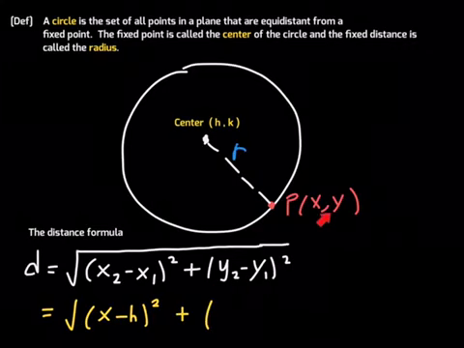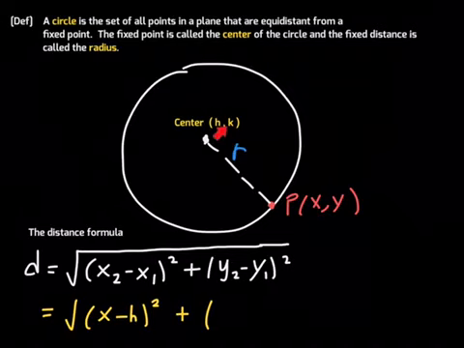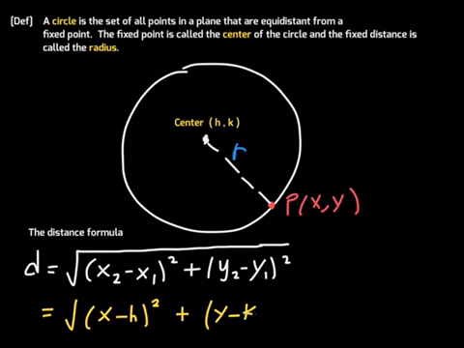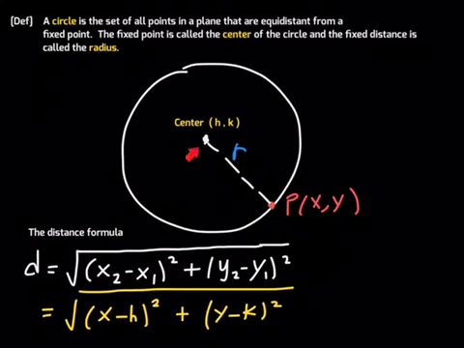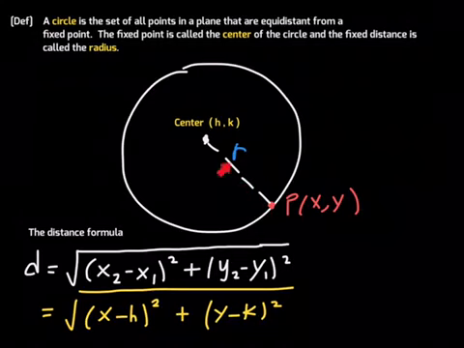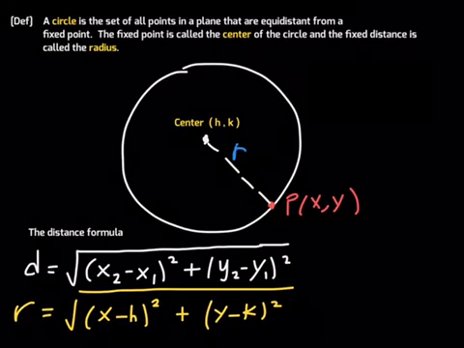One of my y coordinates is simply called y, and the other one is called k. What does this give you? It gives you the distance between the center and this point. But we already know the distance between these 2 points is that fixed distance called r. So the left-hand side is r.